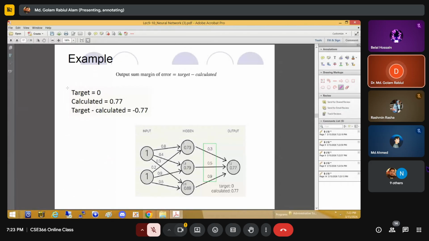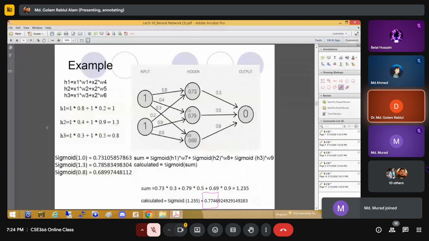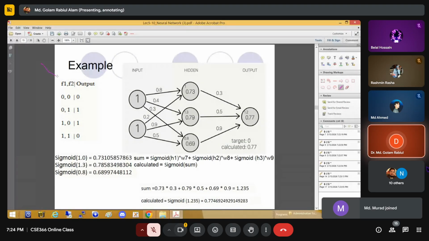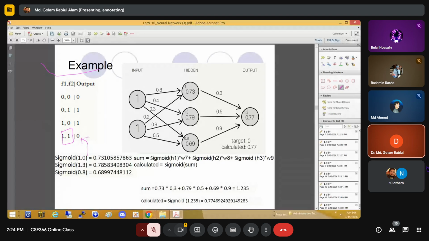In backpropagation, the first step is to calculate the error. That means we have to determine the error, because from our data set we can see that for input 1 and 1, the expected output is 0.